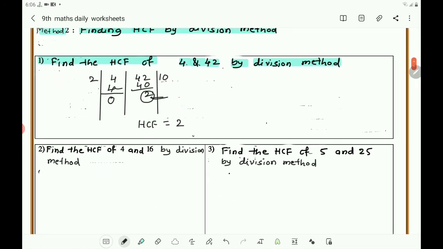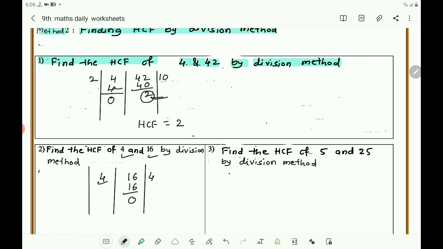Here 4 and 16. Take the numbers 4 and 16. And out of 4 and 16, which one is smaller? You know that 4 is smaller. So you divide 16 by 4. 4 4s are 16 and you got 0 here.